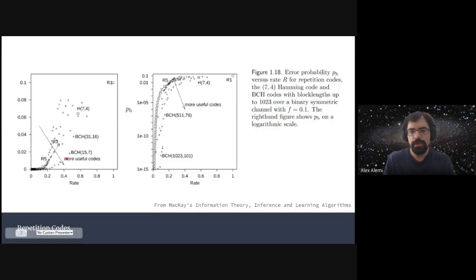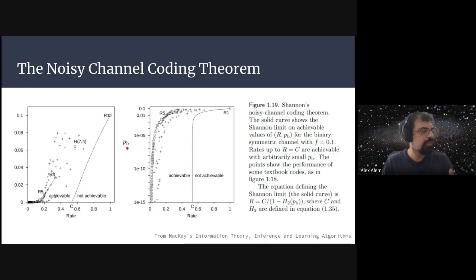The most remarkable thing, the reason why Shannon is famous, is because he asked the abstract question: in the space of all possible codes that anyone could develop, what are the fundamental limits on this diagram? And the noisy channel coding theorem says there exist codes such that, in the limit that the probability of error goes to 0, you want perfect communication, you can actually achieve perfect communication at a finite rate.